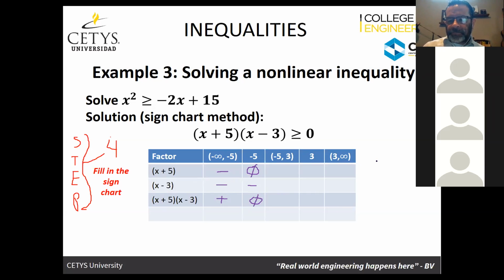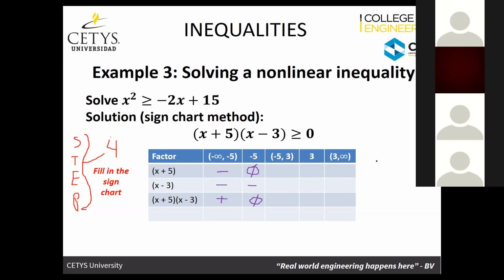Let's see. Diego. Hi, Diego, please turn on your camera. Thank you, Diego. Yes. Let's go to this interval here. It's -5 and 3. Choose any number within that interval, whatever number you want. And there's a very easy number to choose. 2. If I substitute that number here in the first one, what do I get? 7.